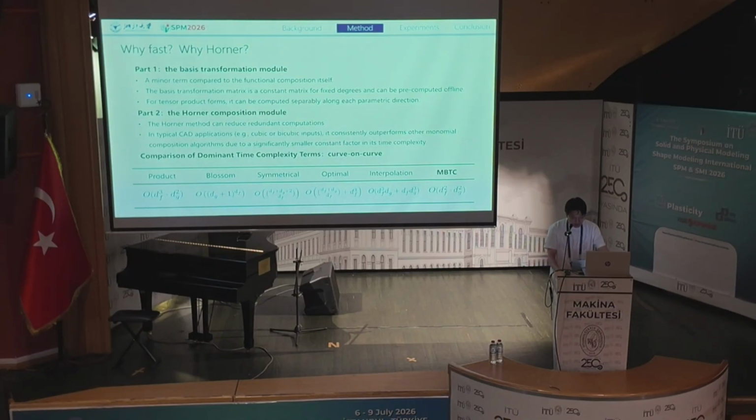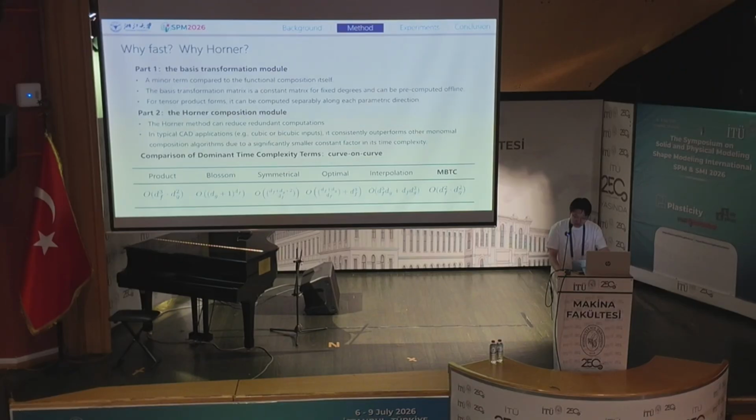Although some power composition algorithms have a lower time complexity than Horner's, we choose Horner's for a practical reason. Experiments show that in common CAD scenarios, Horner's method has a clear advantage in its constant factor.